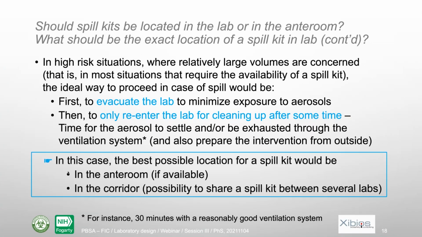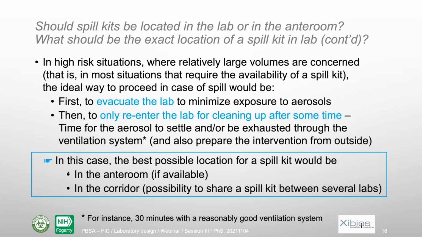So in this case, since you have to evacuate the lab and only go back after some time, like 30 minutes, the best possible location of a spill kit would be outside of the lab and not in the lab. If you have an entry room, it could be in the entry room, and anyway, it could also be in the corridor. And in the corridor, I see one major advantage: you can share a spill kit between several labs.